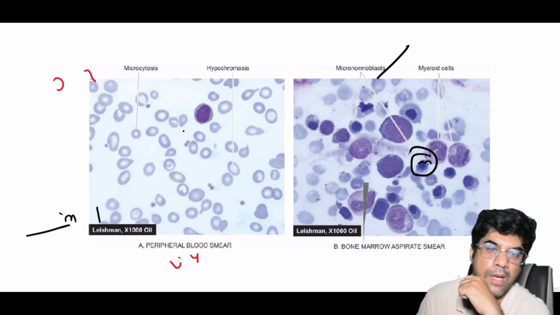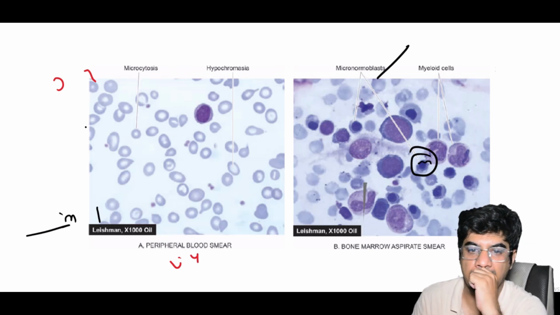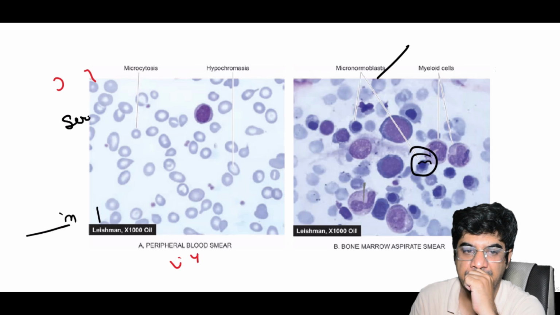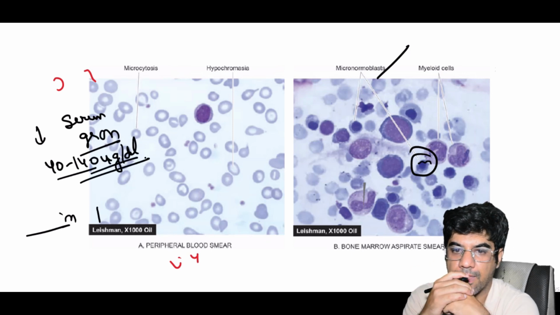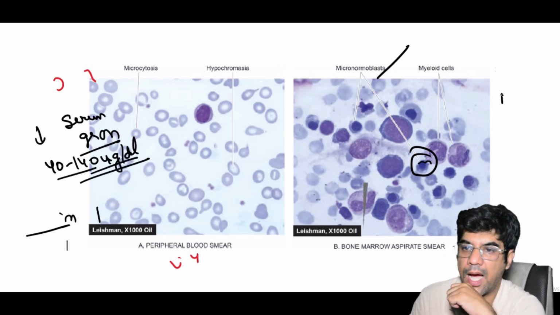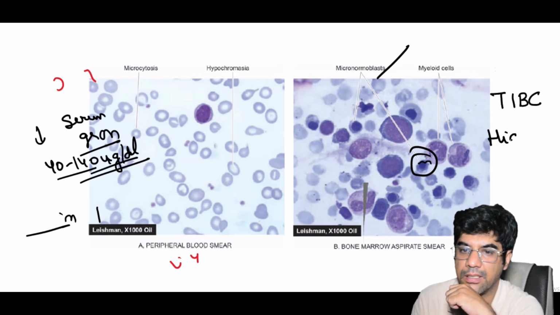Apart from that, the biochemical findings that you would see is the serum iron level is low. Normal value is 40 to 140 microgram per deciliter. The total iron binding capacity is high.